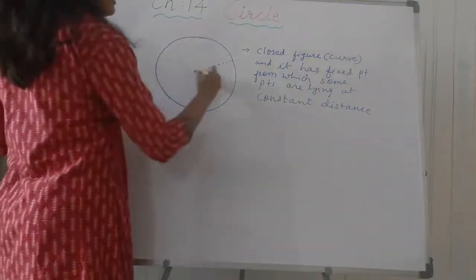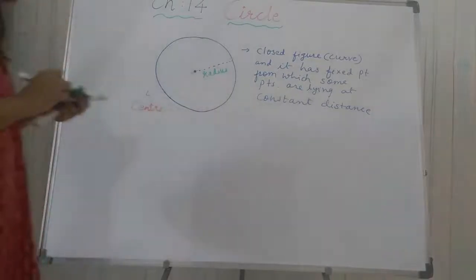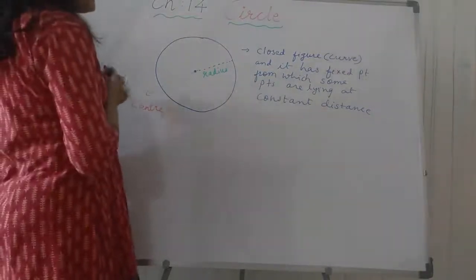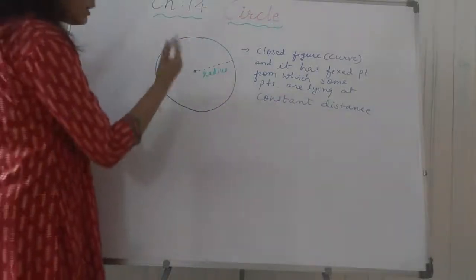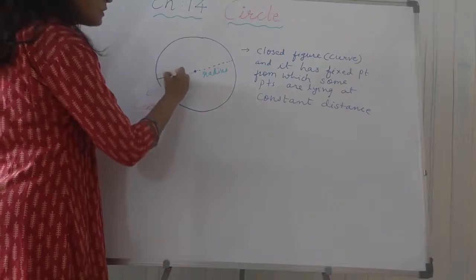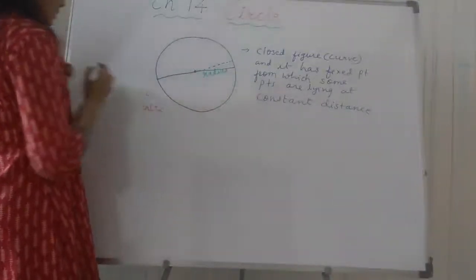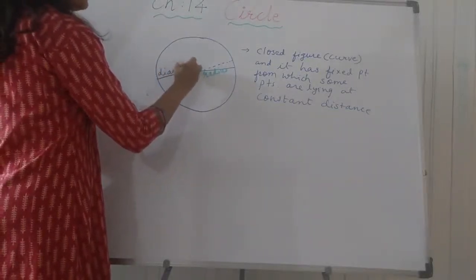Here I am writing, this is called radius. One more thing: if a line segment passes through the center and its endpoints lie on the circumference of the circle, that is known as the diameter. So this line is called diameter.